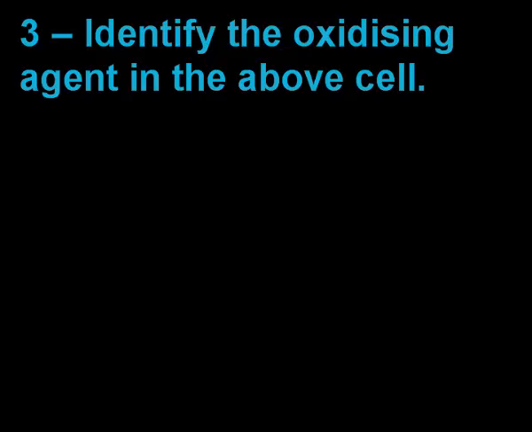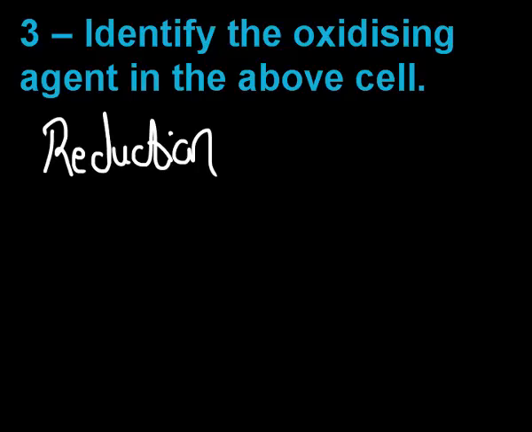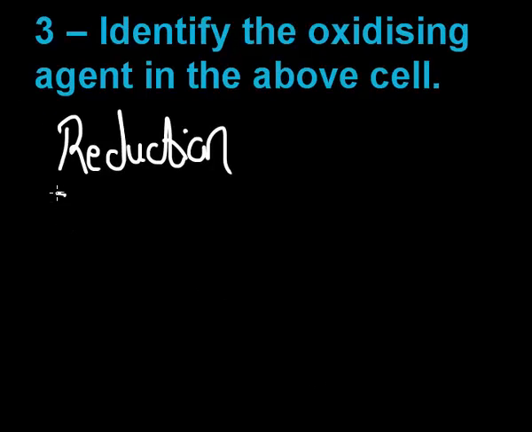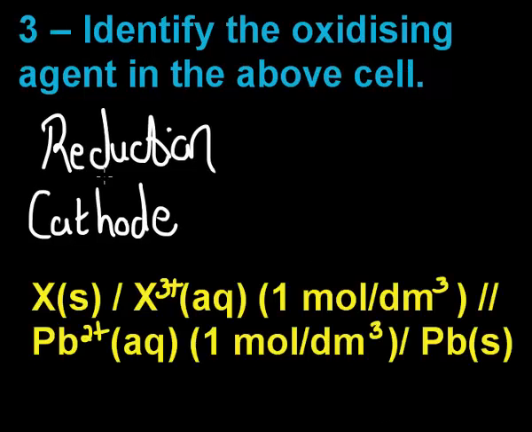Our question number 3 asks us to identify the oxidizing agent in the above cell. Now remember, oxidizing agent means that we're talking about the cell that's going to undergo reduction, and reduction is the part that occurs at the cathode. Our cathode part is always written after the salt bridge, and that's going to be our Pb2+ going to Pb.